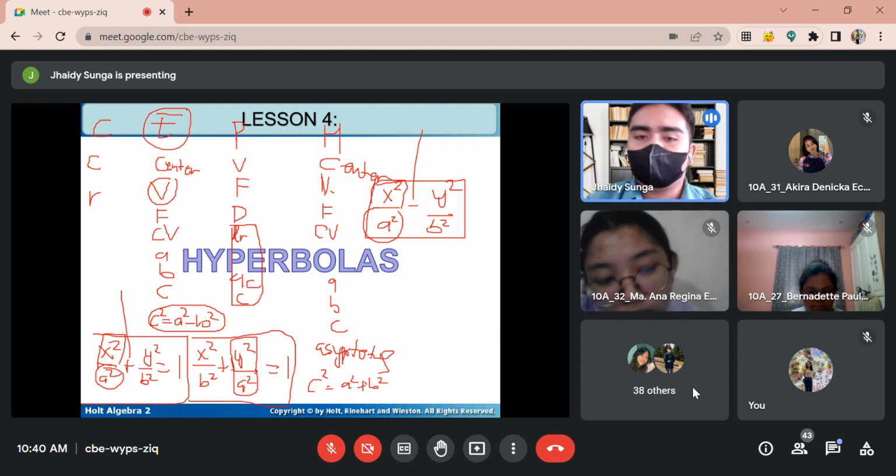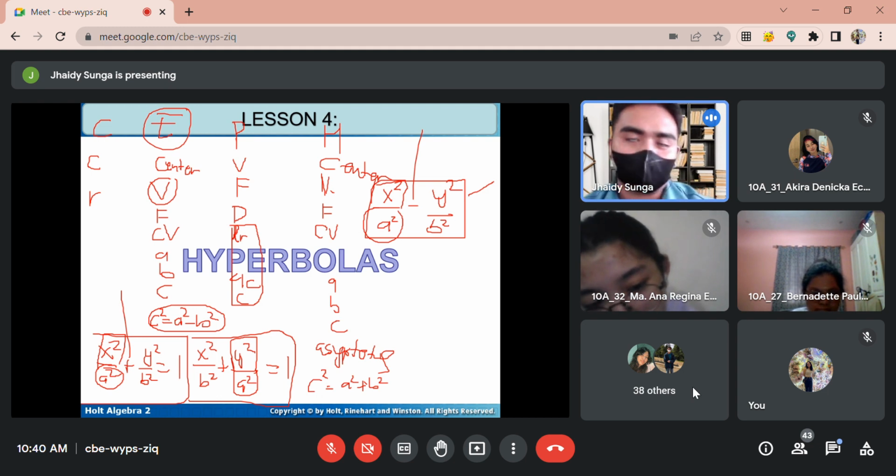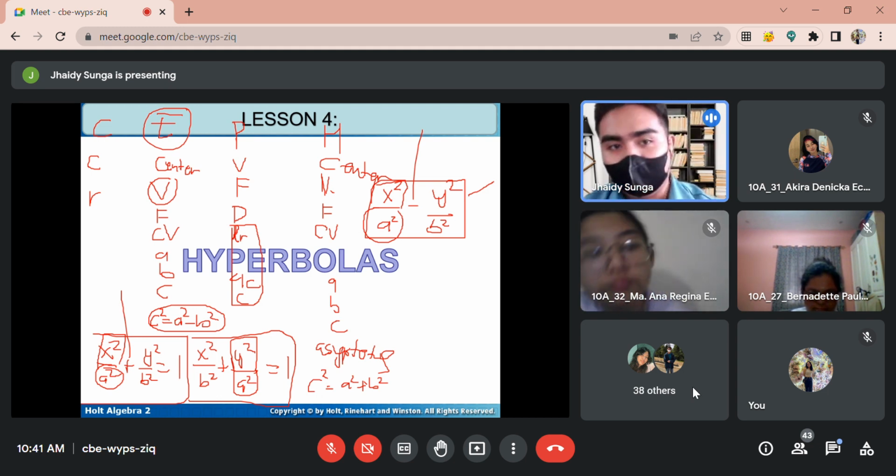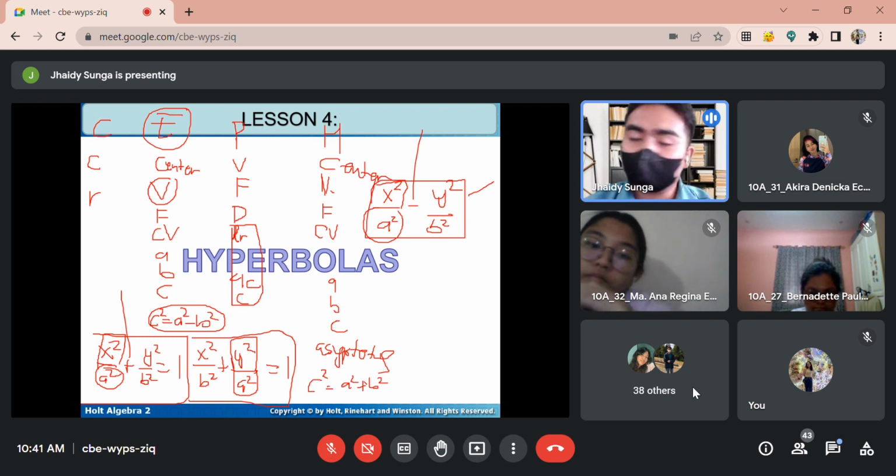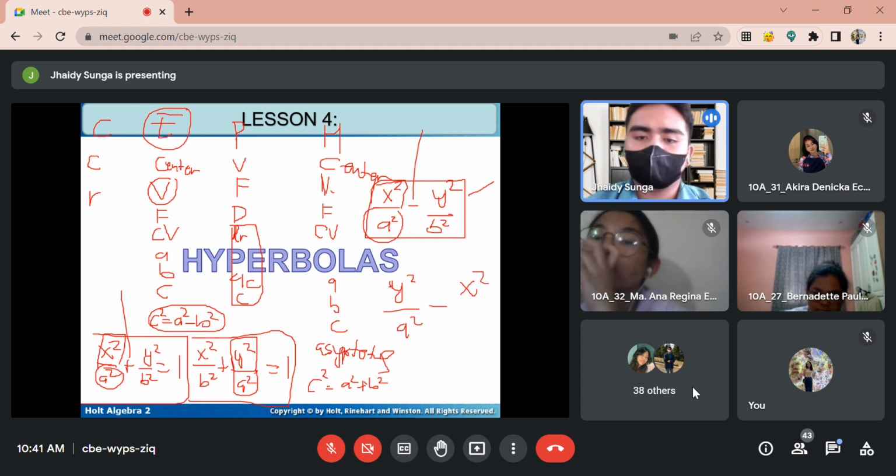This is for when the axis we are referring to is x. When we are referring to y, the denominators will not move. In hyperbola, the numerators are the ones to move. So it will be y squared over a squared minus x squared over b squared.